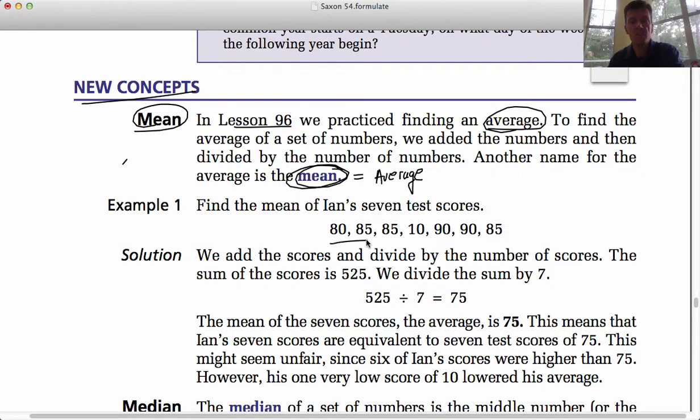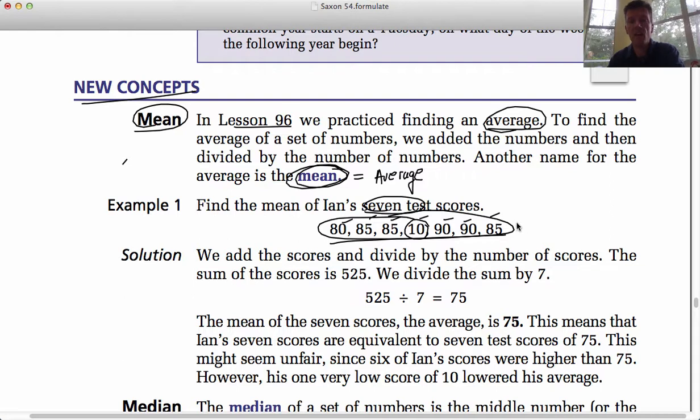If you're given a list of numbers, as we are here, these are 7 test scores, and you're going to find out what the average is on all 7 of them. He didn't score the same on all 7; look at how low this one is. But if he did score the same total on all of them, what would that score be?